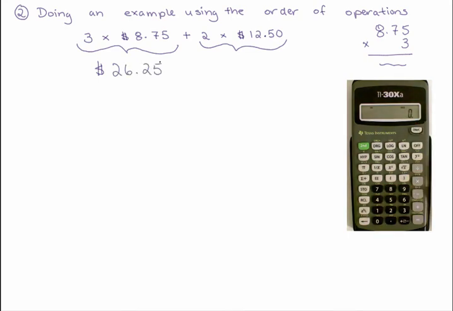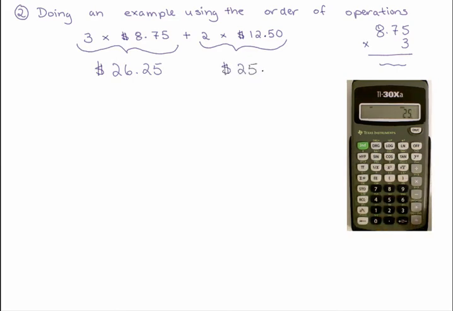Then we would clear our calculator and do the next step from a brand new start, and we would see that this is $25. And then finally we would add it, 26.25 plus 25, and that would be 51.25. Now this answer makes a lot more sense.